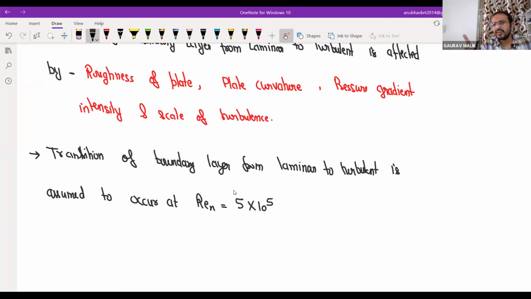Please don't confuse 5 into 10 to the power 5 and 2100. That 2100 which you mugged up is for flow through a pipe, and this one is for a flat plate.